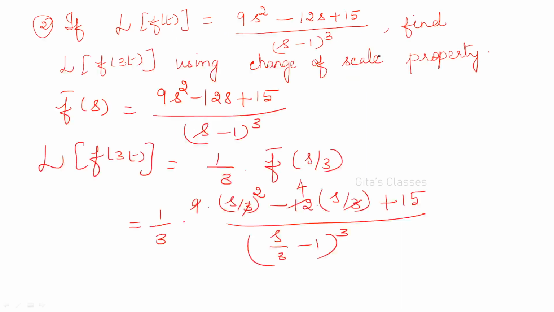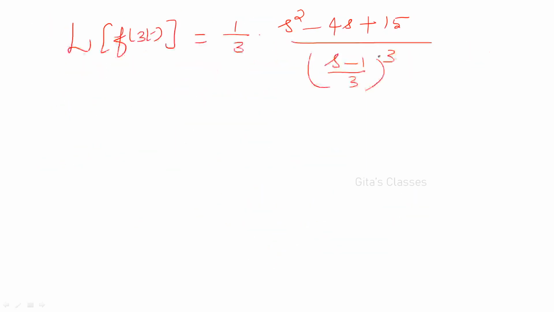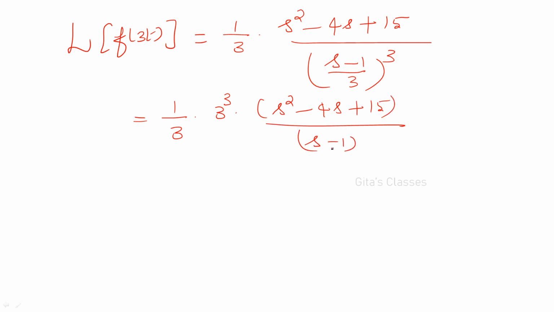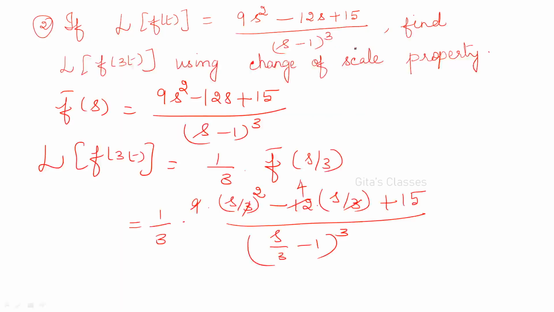I am going to take LCM, s by 3 minus 1, so s minus 1 divided by 3 the whole cube. That is equal to 1 by 3 into, this 3 cube will come here, into s squared minus 4s plus 15 divided by s minus 1 the whole cube. Actually, you can stop here itself. In this step itself, you can stop, no problem.